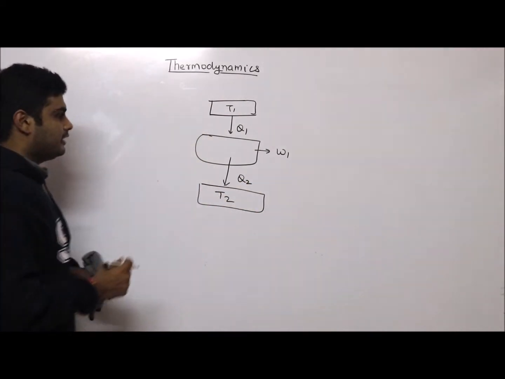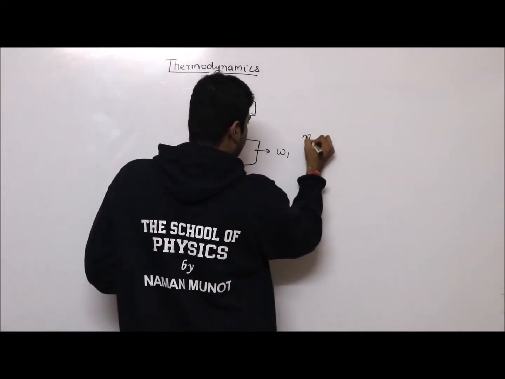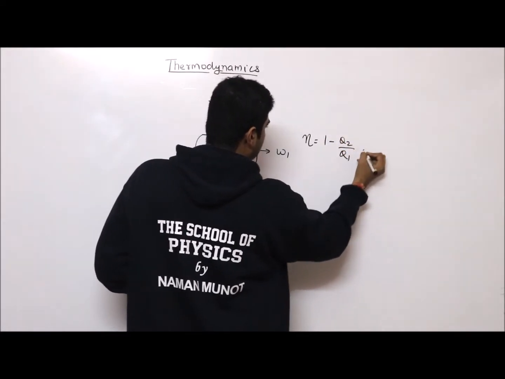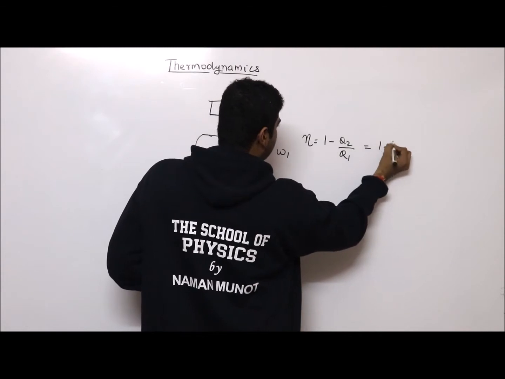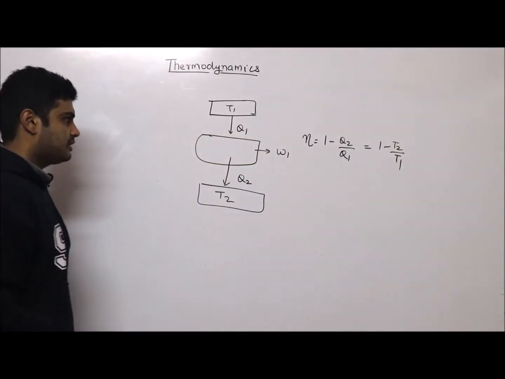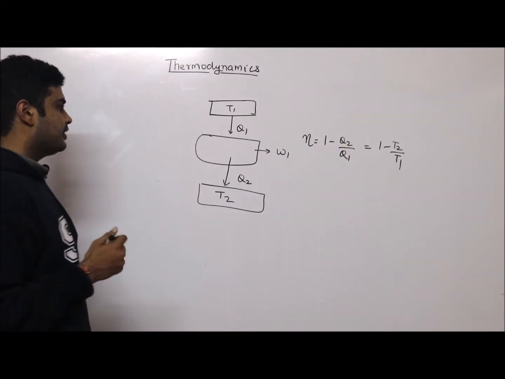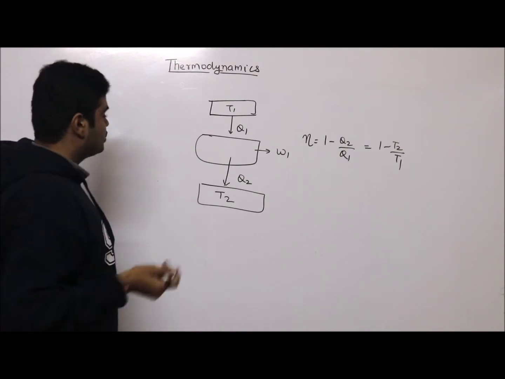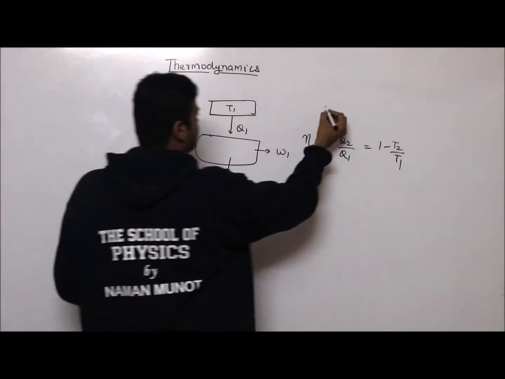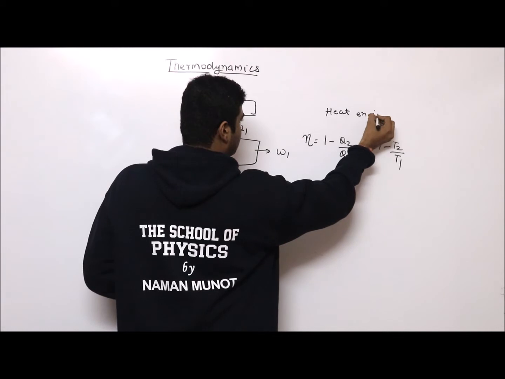Very commonly asked: what is the efficiency of this heat engine? Efficiency is equal to 1 minus Q2 by Q1, or equals 1 minus T2 by T1. This is the efficiency in fractions. In percentage, you have to multiply this by 100. This is for the heat engine or Carnot cycle.